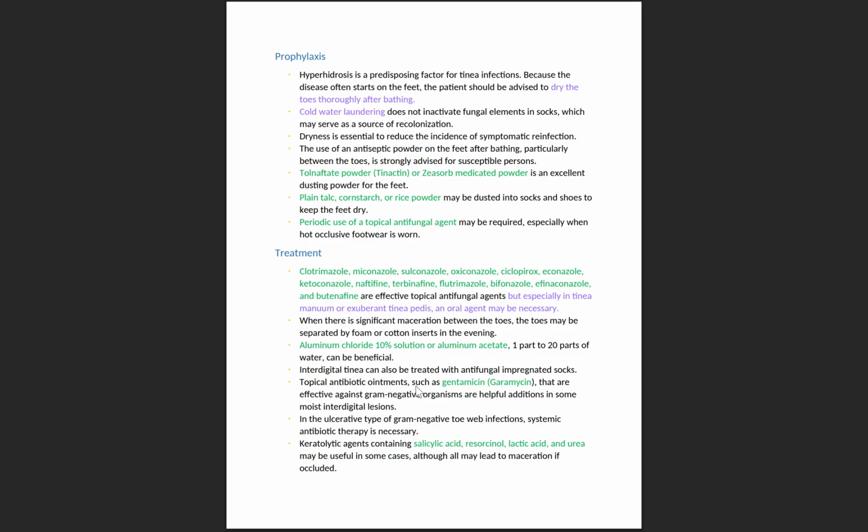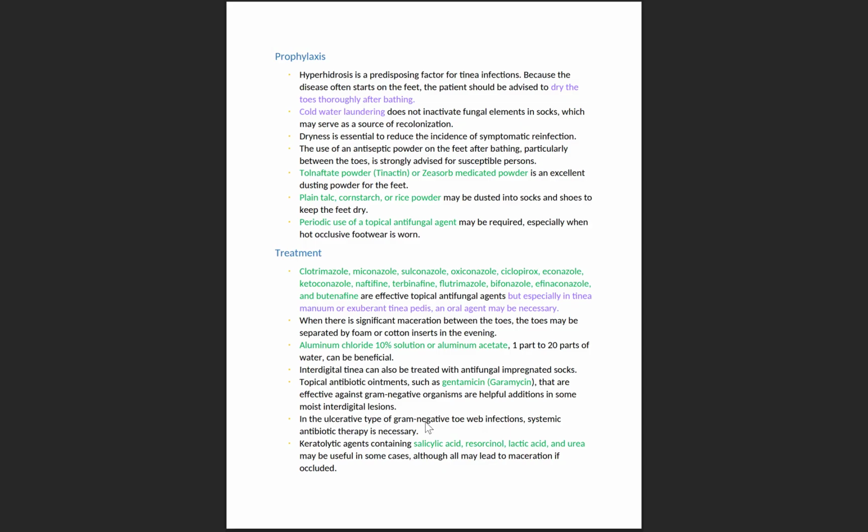Interdigital tinea can be treated with antifungal impregnated soak. Topical antibiotics such as gentamicin or garamycin هو نفسه يعني that are effective against gram-negative organisms ممكن في حال إنه helpful addition in some moist interdigital lesions إذا كان أكو super infection.